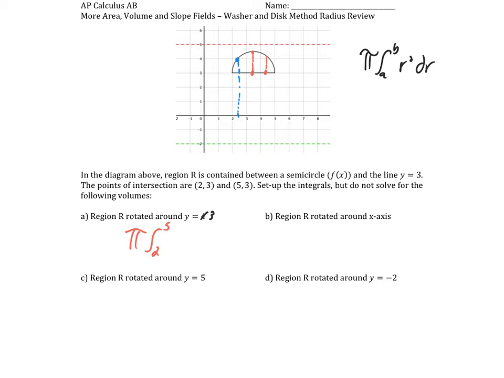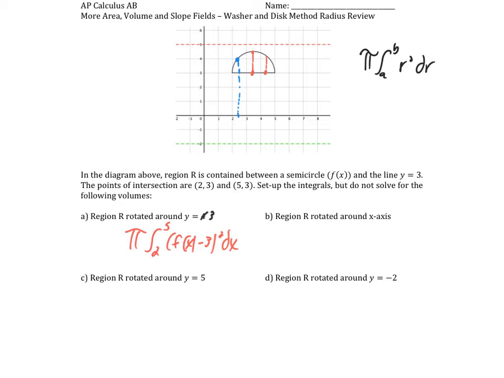So to express the radius, I really should be saying f of x minus 3, squared, dx. That would give me the volume of region R. So pi times the integral from 2 to 5 of (f of x minus 3) squared dx. So be careful for those.